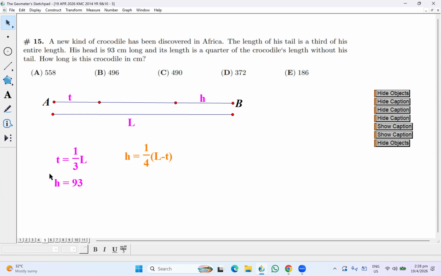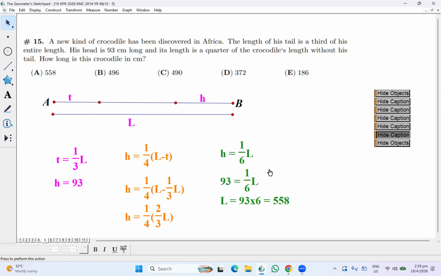And then you notice the best choice most likely is to substitute T inside here. Then you get L and H, 93. So 1/3 L become 2/3 L. 1/4 becomes 1/6 L. But 93 is 1/6 L. The L is 93 times 6, so 558. Answer is A.